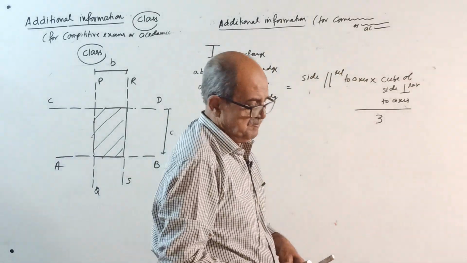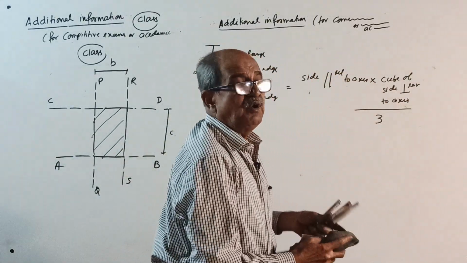Put this way: side parallel to axis into side perpendicular to axis cubed divided by 3.